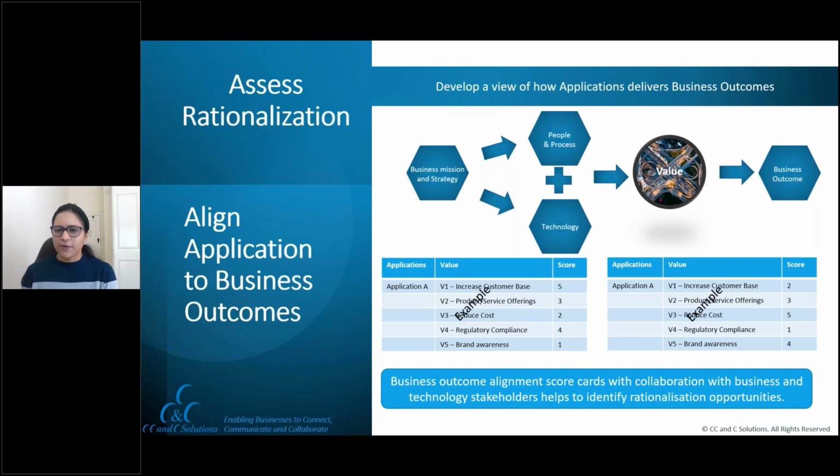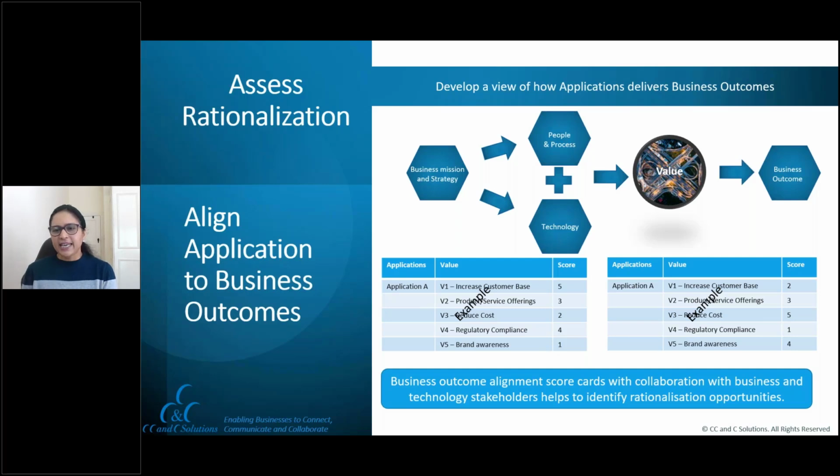So have a list of values, work with your business stakeholders, understand what list of values the business is trying to deliver as part of its outcome to its customers, and then create a scorecard for each of those applications: whether these applications are delivering those values, and whether their value delivery is aligned to the outcome that the business is trying to achieve.